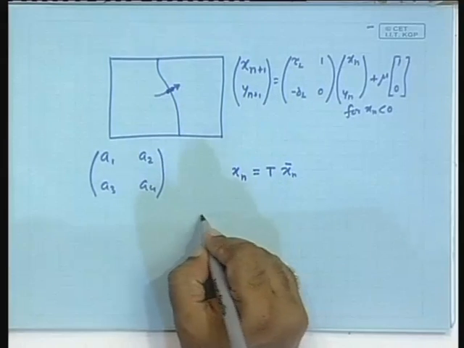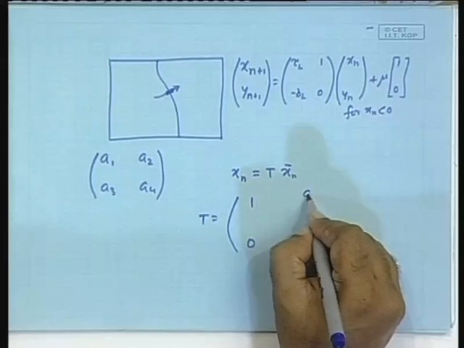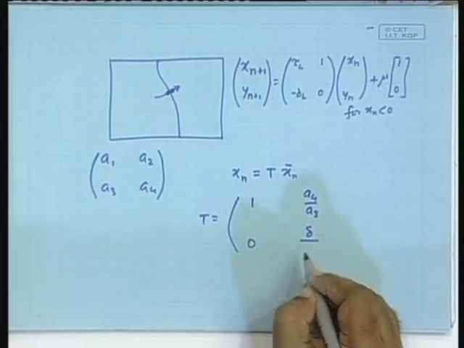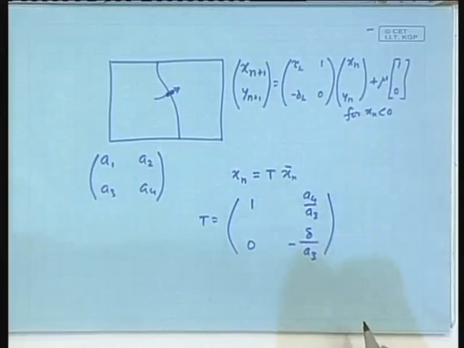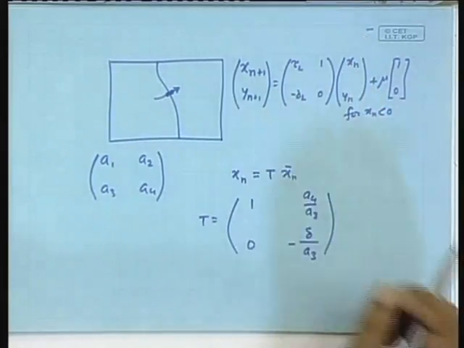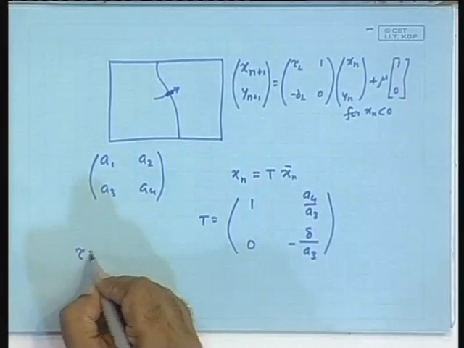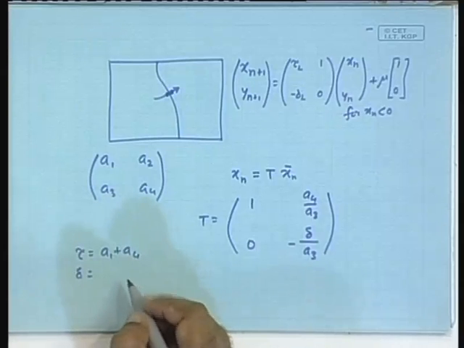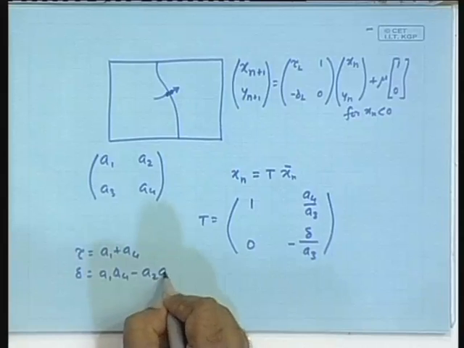Now, if the T is defined as 1 0, A 4 by A 3, and here it is the determinant divided by A 3, I suppose there will be a minus, then you can easily see that using this transformation this matrix can be transformed into this matrix. So, in this case the trace is A 1 plus A 4 and the determinant is A 1 A 4 minus A 2 A 3.